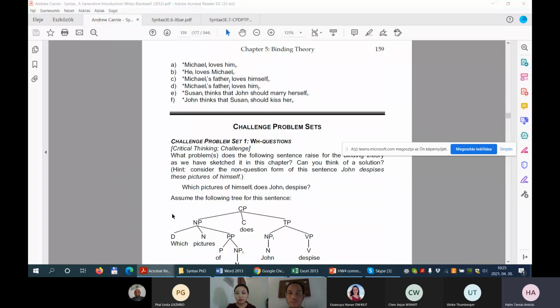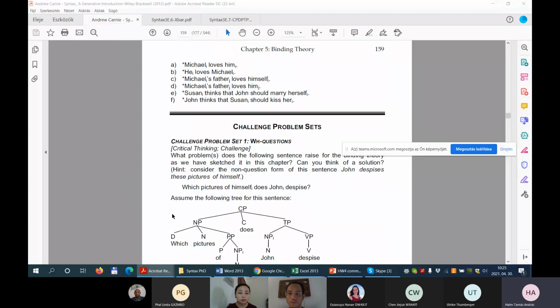Yes, I actually tend to agree with Ulrika this time. So the crucial thing, right, is that father and him are co-indexed, and father is in the position to actually bind him. Okay, so I think father c-commands him, and they are co-indexed.